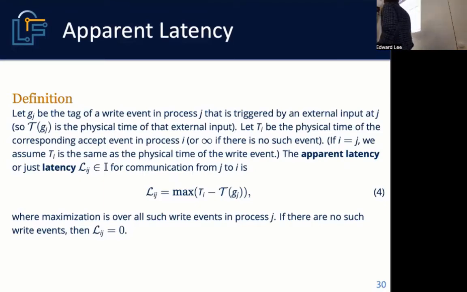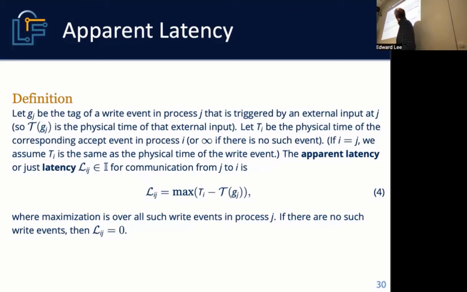Okay, that has a kind of similar definition. Right? So if G sub J is a tag of the write event in process J, it's triggered by some external input of J. So tau of G sub J is the physical time of that external input, right? Because the external input drives a physical action, it gets assigned a timestamp. That's the timestamp. Then capital T sub I is the physical time of the corresponding accept event on process I, or infinity if there is no such event.